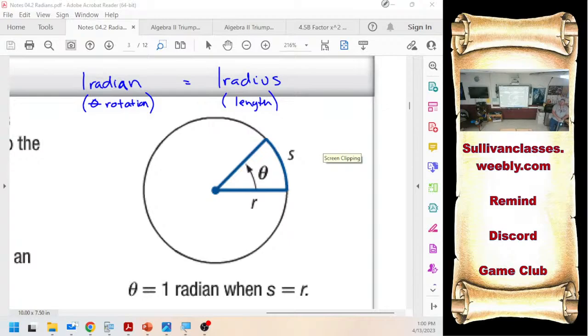What kind of measurement is that, length or rotation? Miles per hour. Length. It's telling you how many of this length you will do in an hour. That is called linear speed.